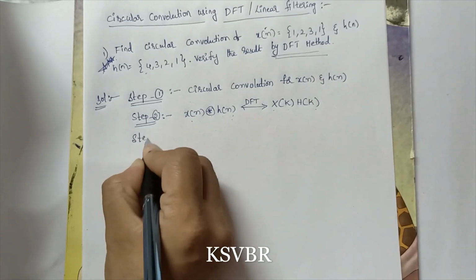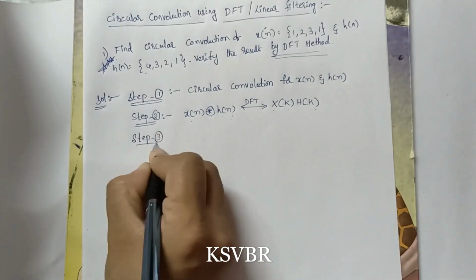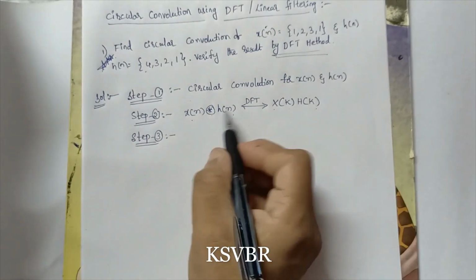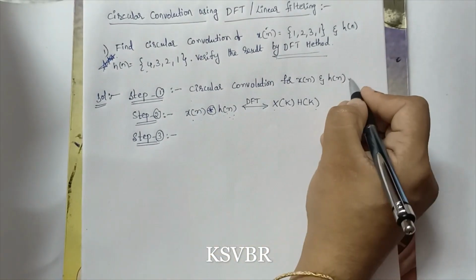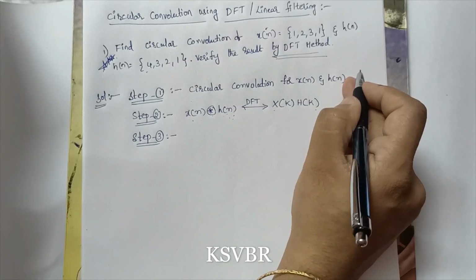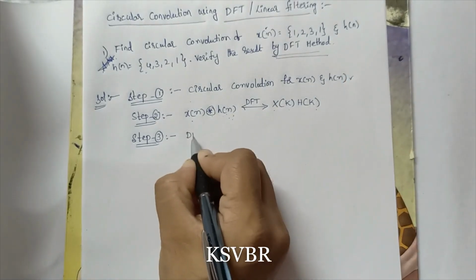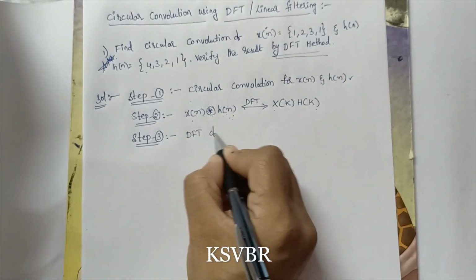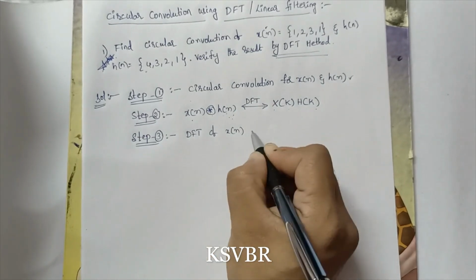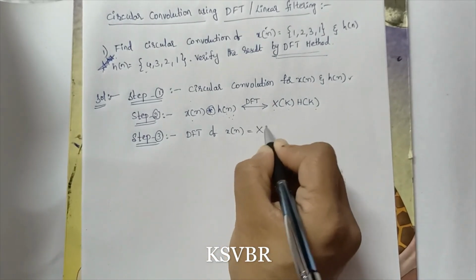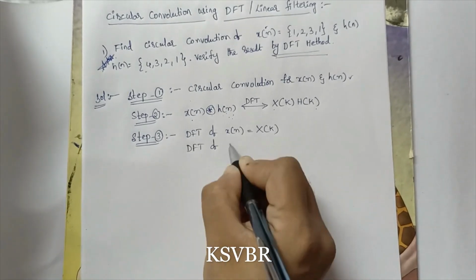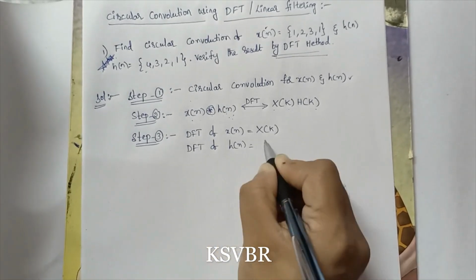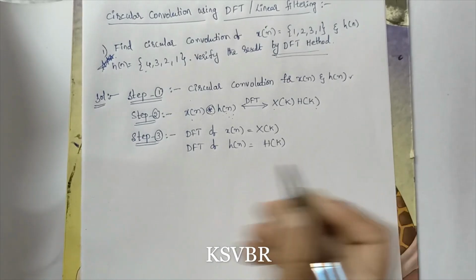Now this is step 3. We have the LHS result, which will come from step 1. We have to find the DFT of x of n, which is capital X of k, and again find the DFT of h of n, which is H of k.